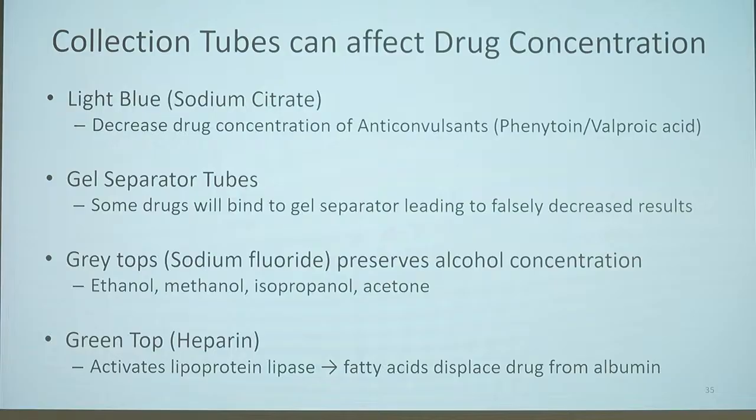The fluoride blocks an enzyme in the glycolytic pathway that humans don't have, but that bacteria have, in order to ensure the ethanol levels are actually from the patient itself.